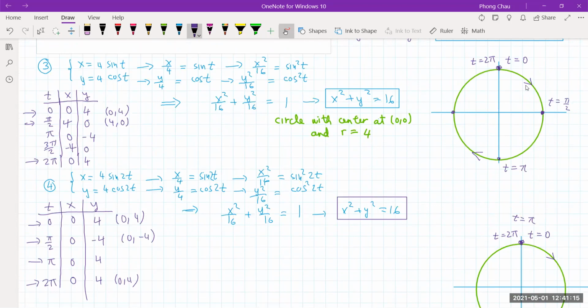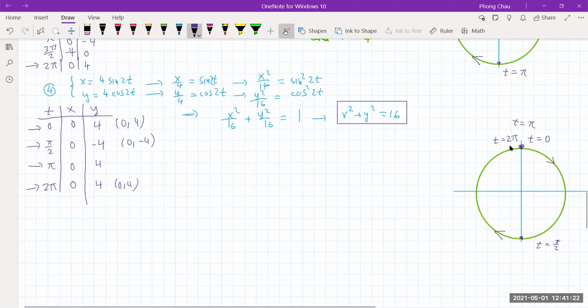The t is really the time passage, right? If t only goes from 0 to pi half, we only complete half a circle, and here that completes the full circle. If you plug in more points, you're going to see that from 0 to 2 pi, the graph goes around once here, and twice here, back to the initial point.